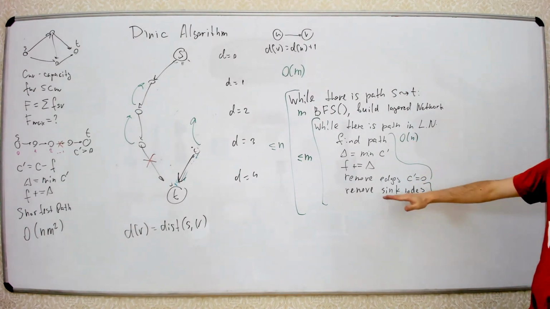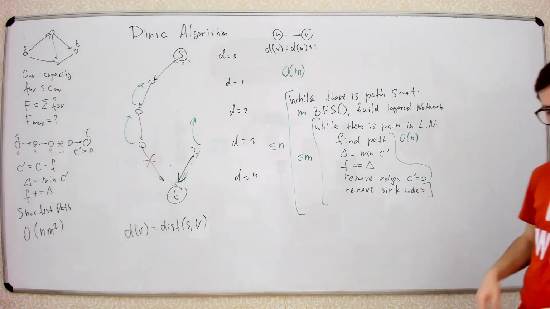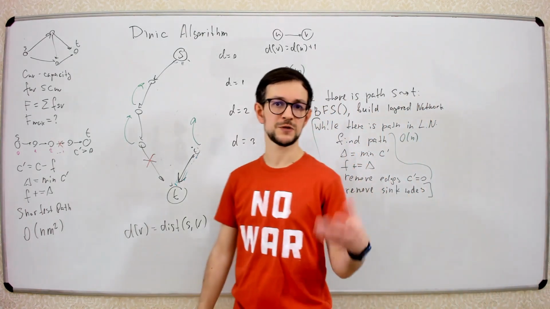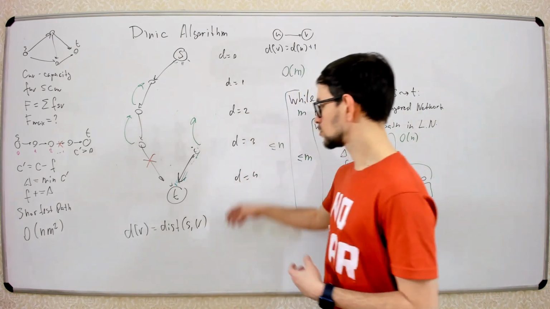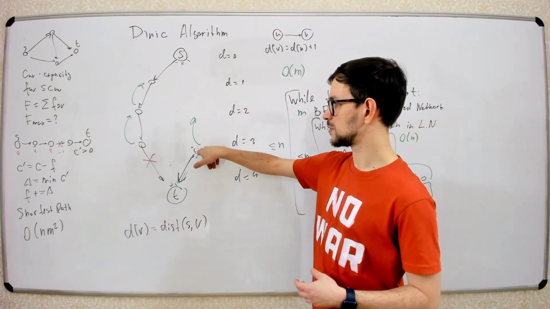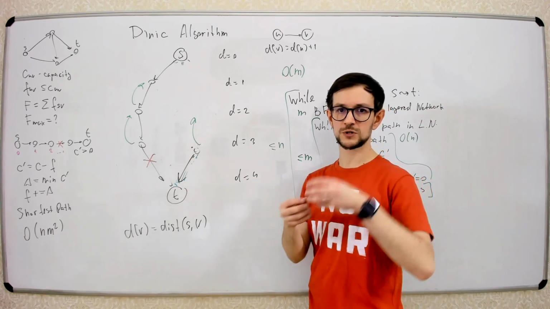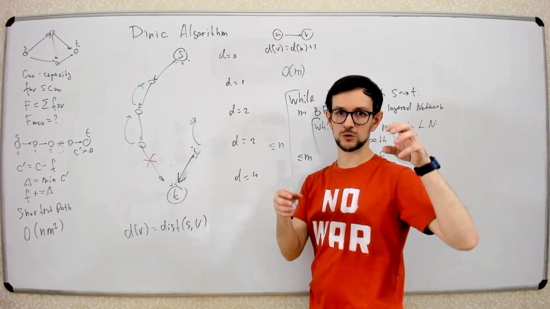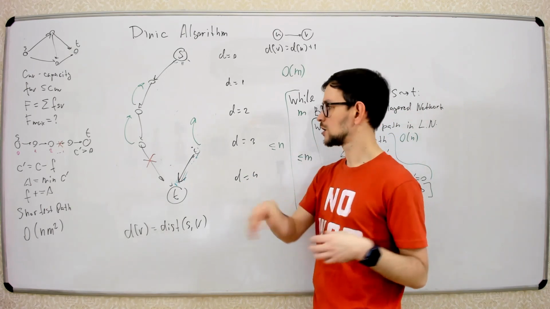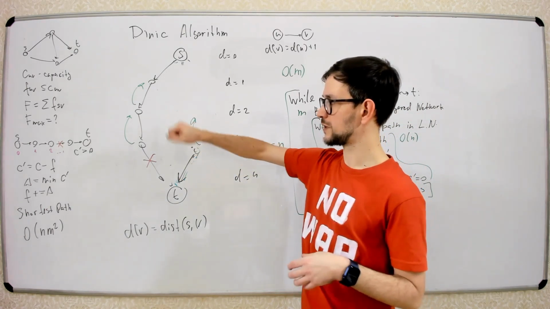The only difference is removing sink nodes. There may be multiple sink nodes, and when you remove them, you produce other sink nodes, and so on. So there may be some cascading: you remove one node, get another node, remove this node, and so on.